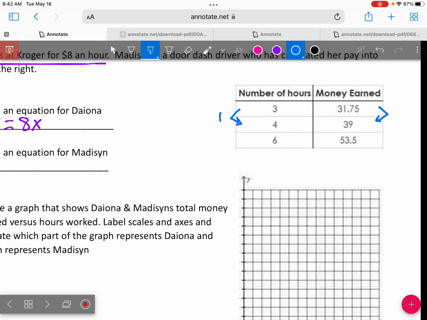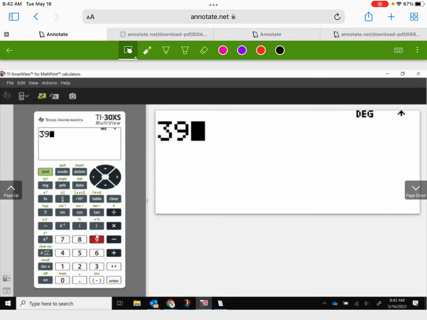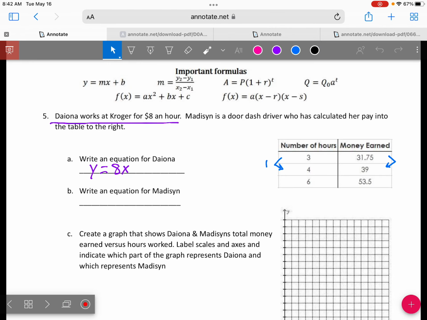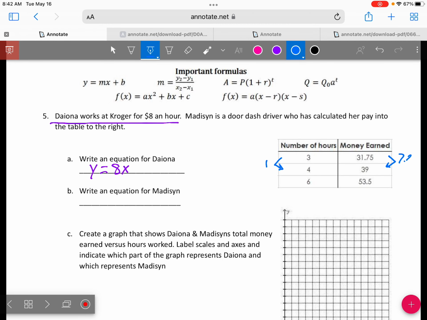And the amount of money she got paid changed: 39 minus 31.75 is 7.25. We can look here and see this one changed 2 hours, and this one changed 53.50 minus 39, which is 14.50.